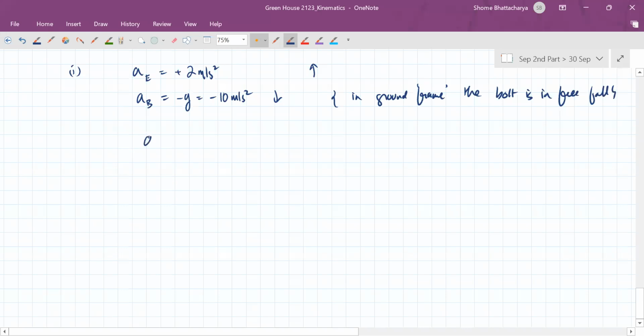So the acceleration of the bolt with respect to the elevator, as a vector equation, it is like this. So here with sign convention, it will become minus 12 meters per second square. Or you can say that the acceleration of the bolt with respect to the elevator is 12 meters per second square downwards.